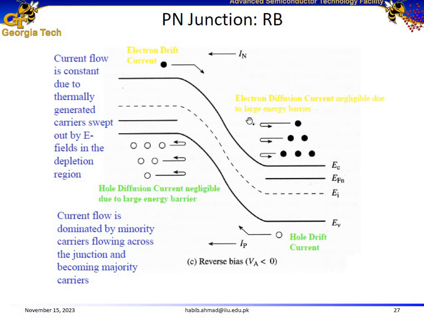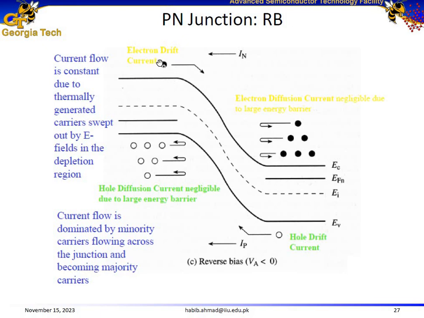But we also know that there are some minority carrier holes in the n-type layer and minority carrier electrons in the p-type layer. We apply positive potential to the n-type layer, so this positive potential attracts this electron, and this electron flows to the n-type layer due to the electric field.